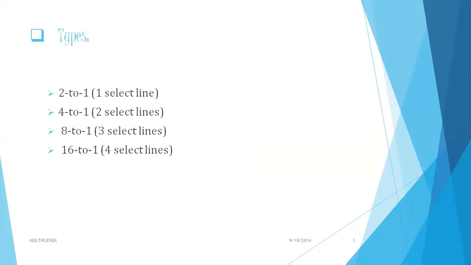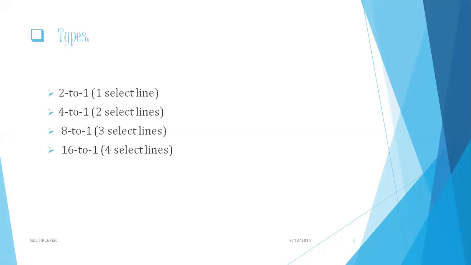Then what are the types of multiplexers? There are a number of types: 2 to 1 multiplexer, 4 to 1 multiplexer, 8 to 1 multiplexer, 16 to 1 multiplexer. We pass a number of inputs and finally we get only one output.